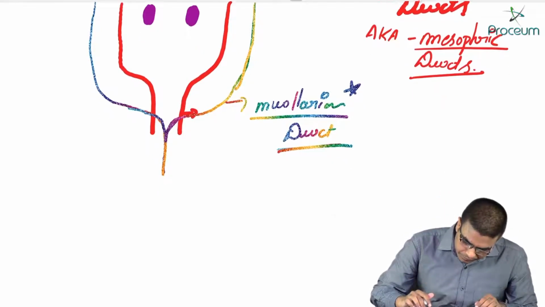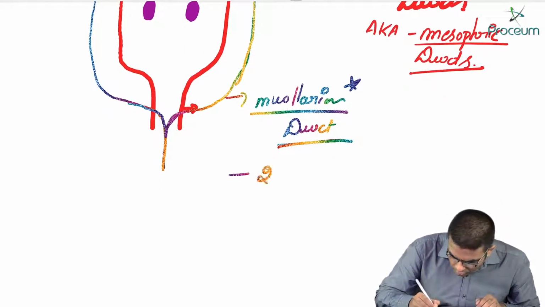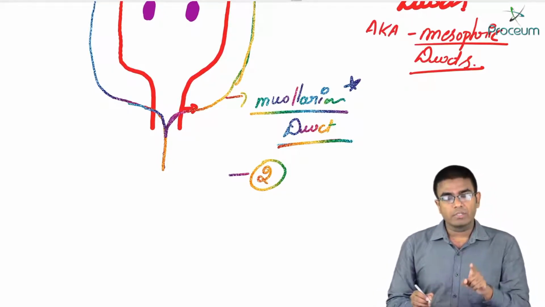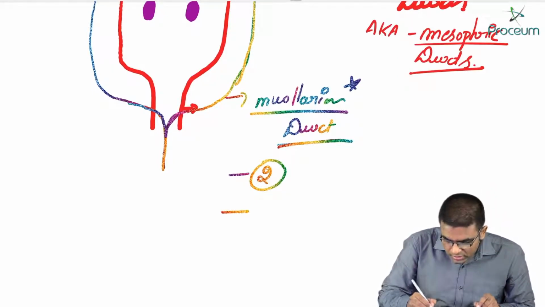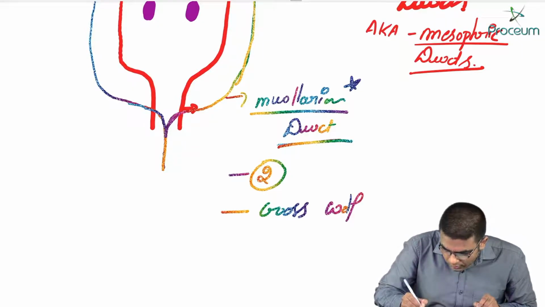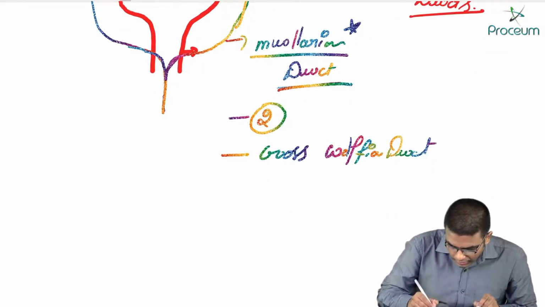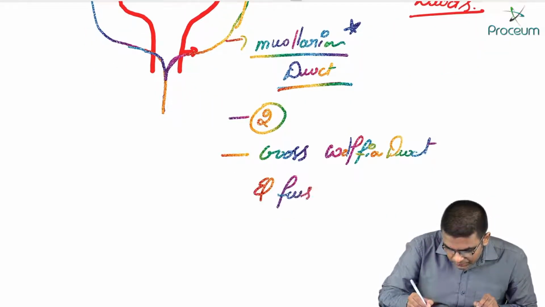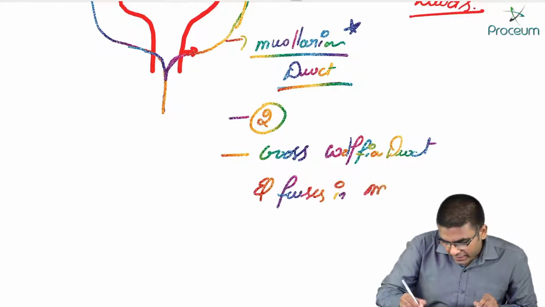Mullerian ducts are two in number, also known as paramesonephric ducts. They will cross the Wolffian ducts and fuse in the midline.